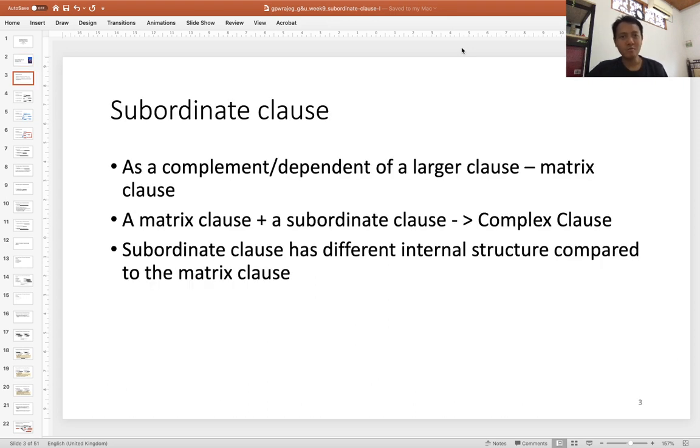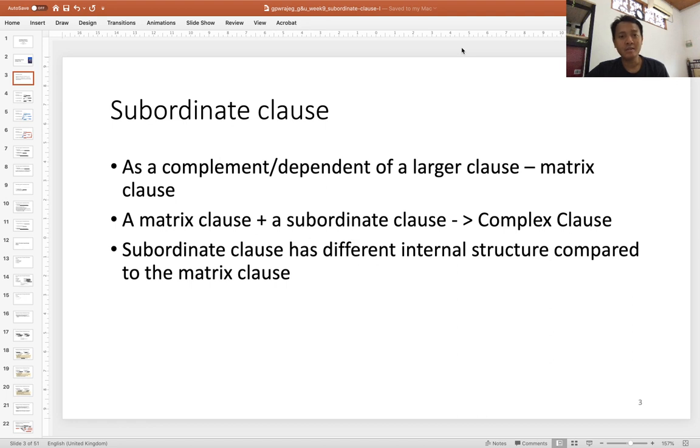Okay, so a subordinate clause, as I've said, is part of a complex clause. It makes up the complex clause, and it can function as a complement, a dependent of a larger clause, the so-called matrix clause. A subordinate clause can also function as an adjunct or adverb.